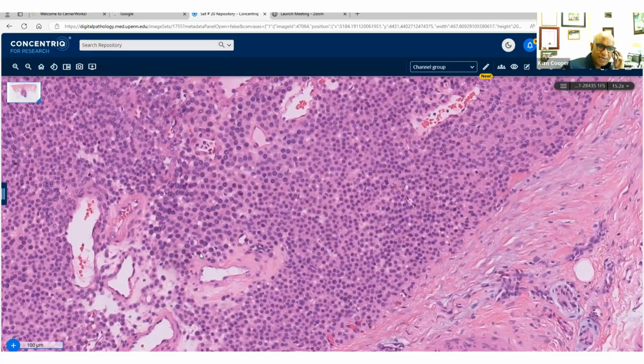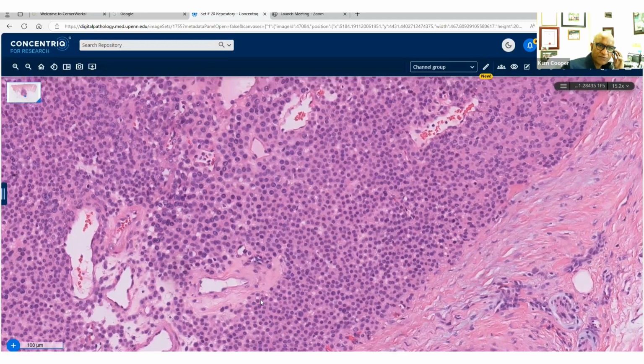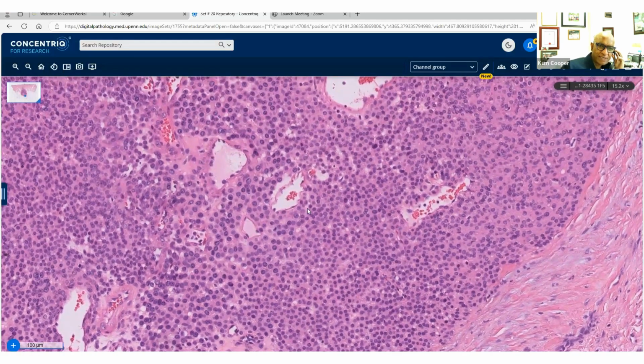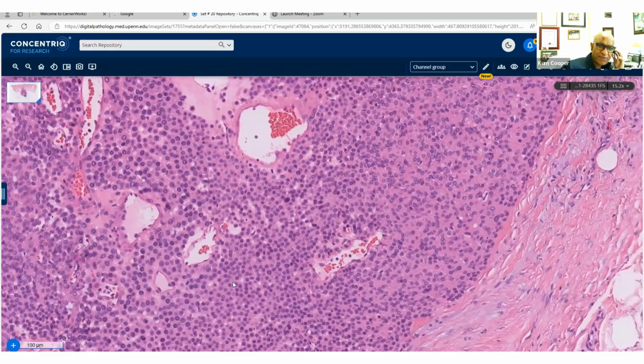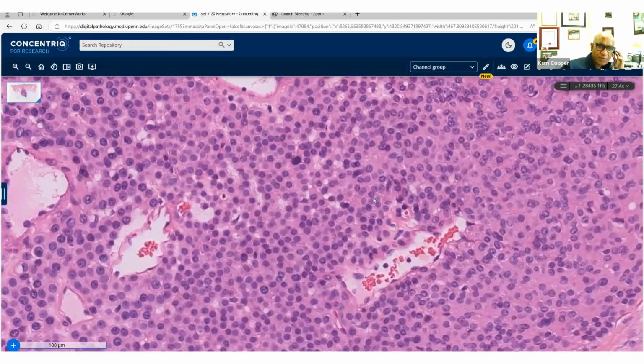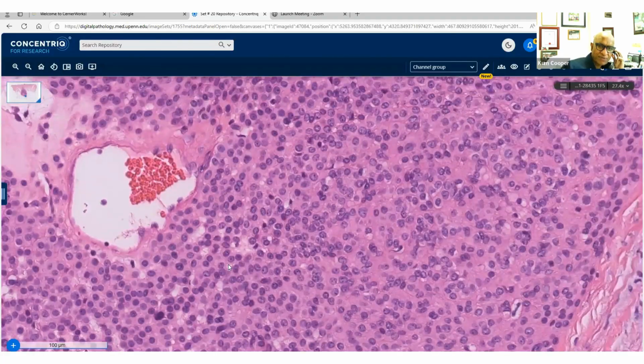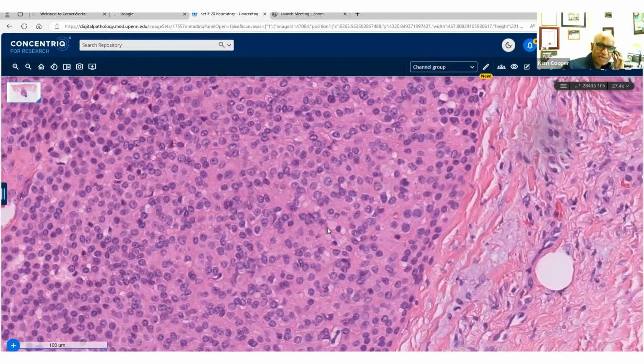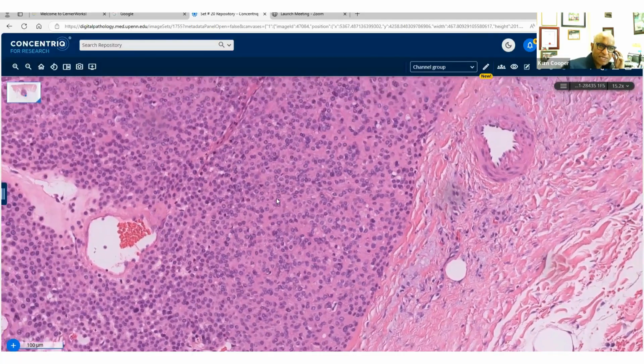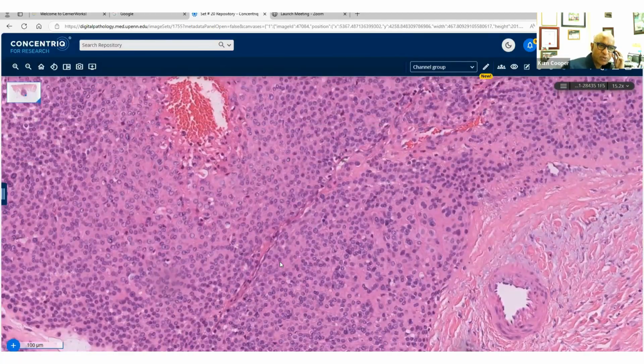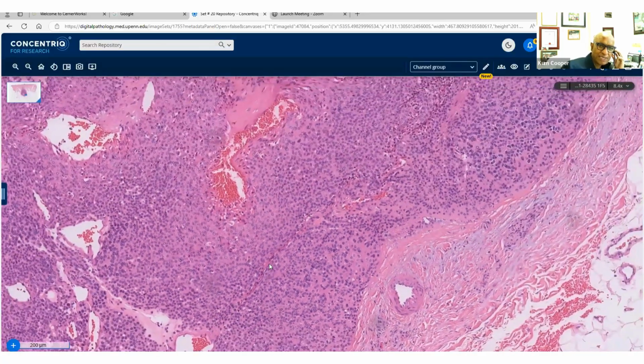Here's a nice arrangement of a typical glomus for the younger residents who are online, just to show them the arrangement of the glomoid cells around vessels. But this does have atypia in it, which in my mind takes it out of the benign category of a benign glomus, which then brings in the question, well, when do you call a glomus tumor malignant?